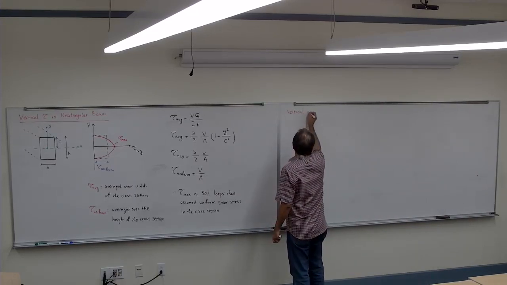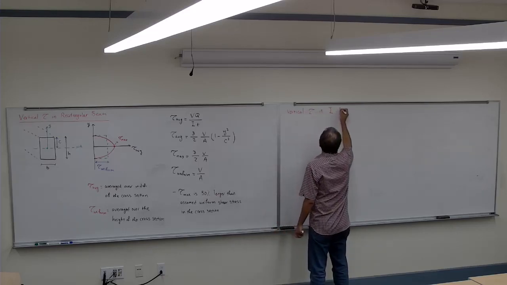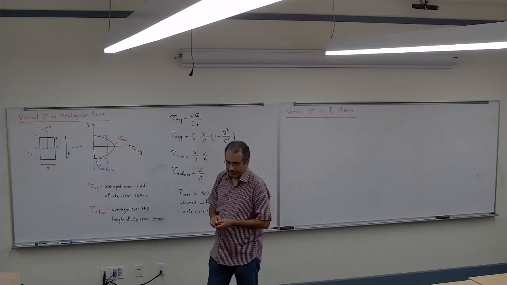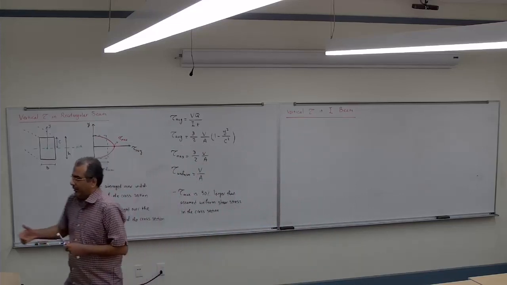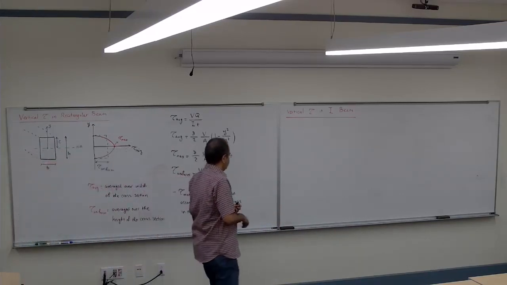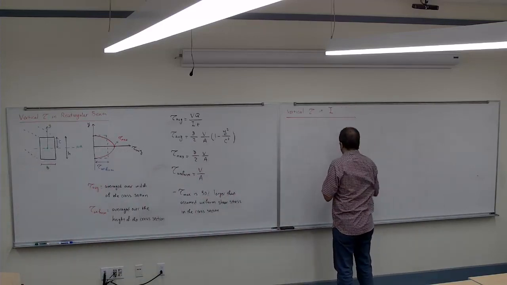Vertical shear in an I-beam. So I have an I-shaped beam. I want to see how the shear is going to be distributed on that.